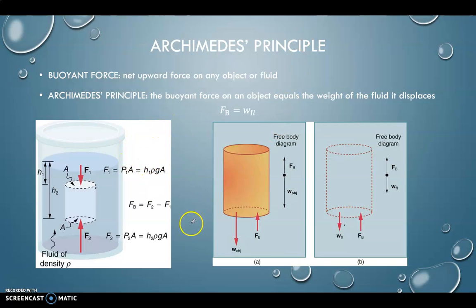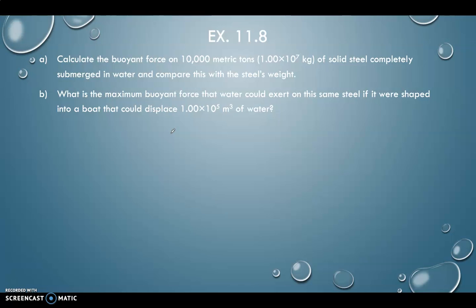Looking at this diagram, it may be a little bit confusing, but it might be helpful. So I'm going to go ahead and move on with our example here. This is example 11.8.